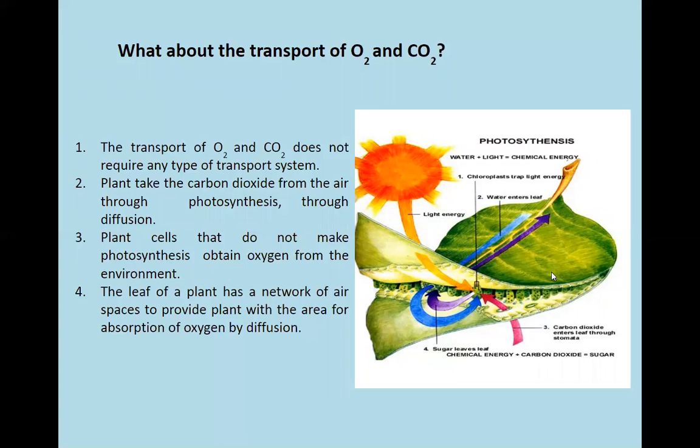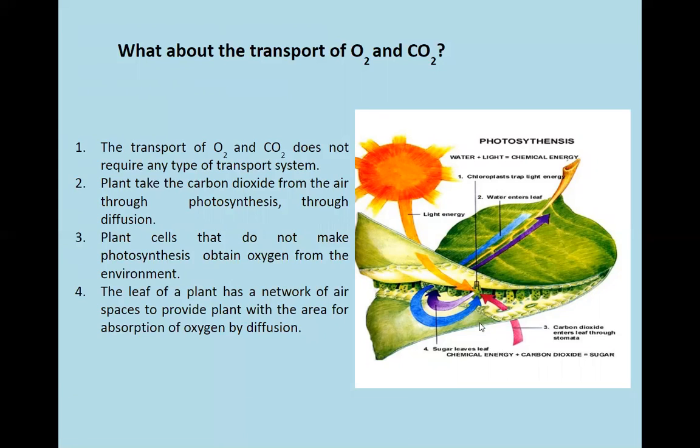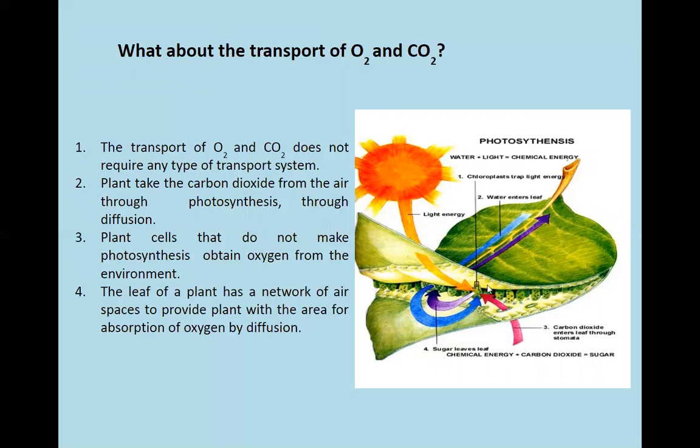In plants, carbon dioxide is obtained through small openings called stomata in the lower epidermis of the leaf. Later on, we are going to discuss the structure of the leaf. And the carbon dioxide and the oxygen are obtained through the process of diffusion.